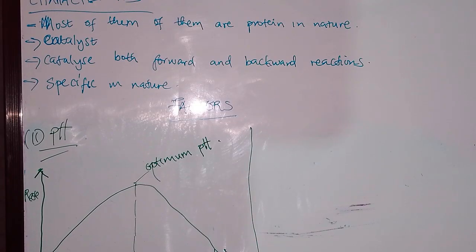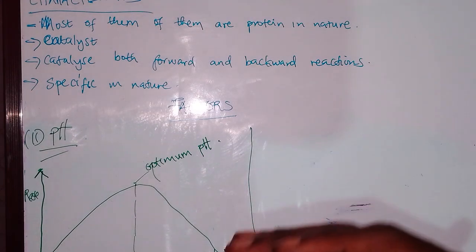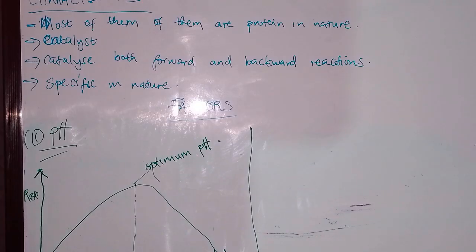So these are the two things which you need to know under the pH. And we say that the optimum pH here is depending on the site where the enzyme is. If it is in the stomach, it will work best under acidic condition. Then 7 is neutral. Yeah, so these are the two main factors which you need to understand in detail on enzymes.